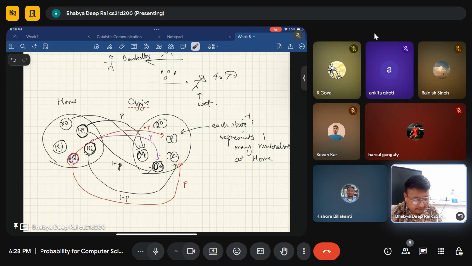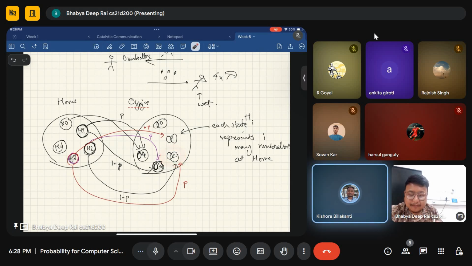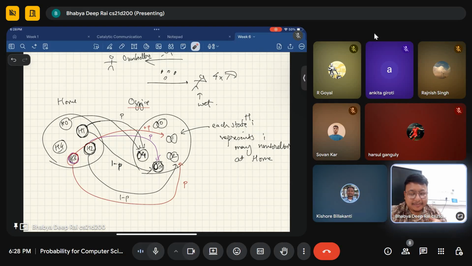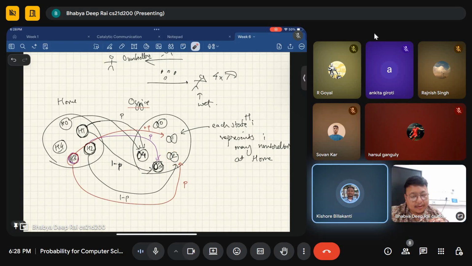When we say H3, it has 3 umbrellas at home, and when we say O2, it should have 2 umbrellas at the office. When we transition with probability P, the count of umbrellas in O2 becomes 3, because it brings one umbrella to the O2 state. No, because we've already added now.